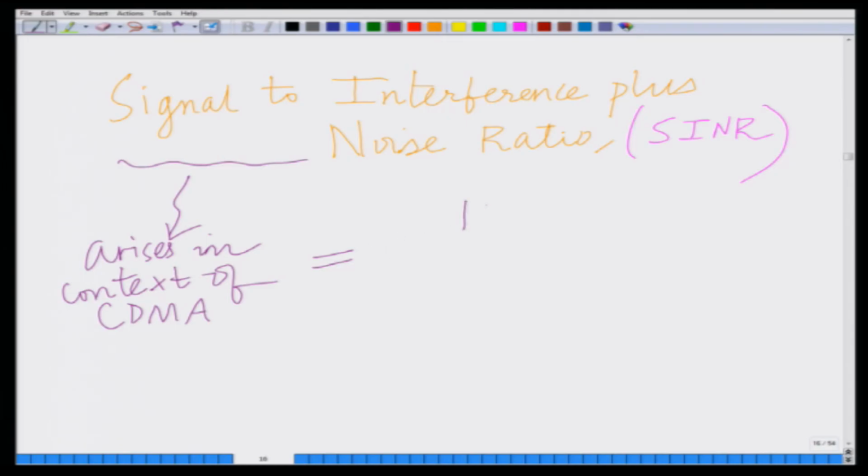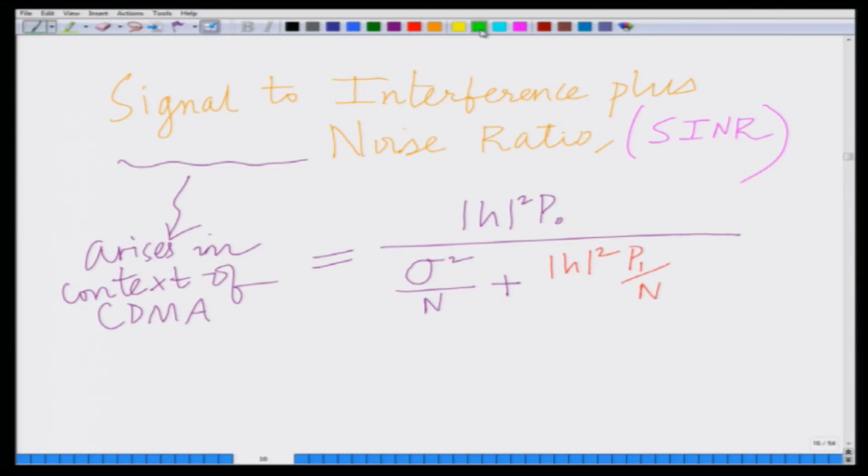This is what we have already seen in the previous module, that is magnitude H square P naught divided by the noise power, which we have again already seen in the previous module, that is sigma square divided by n, plus the new component, which is the interference component, magnitude H square P1 divided by n.